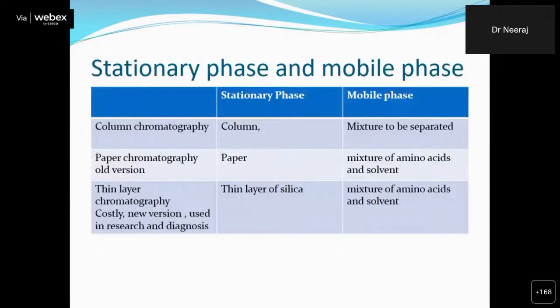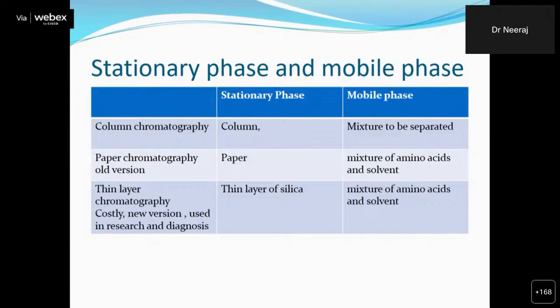As far as chromatography is concerned, you have to remember some important parts. There are two phases: stationary phase and mobile phase. The main principle of chromatography depends on these two phases.